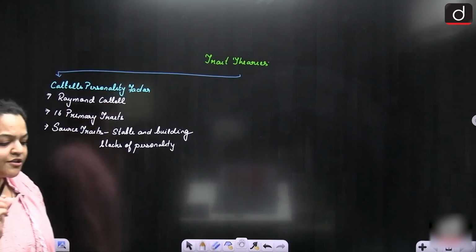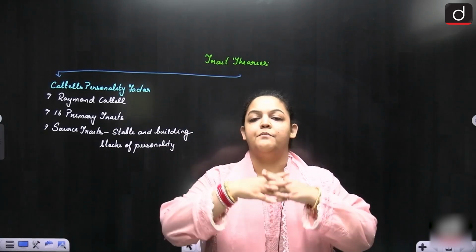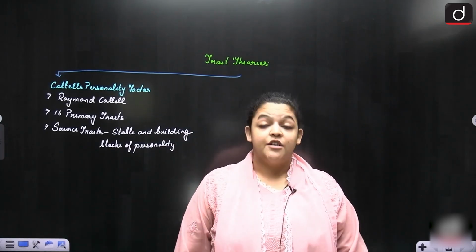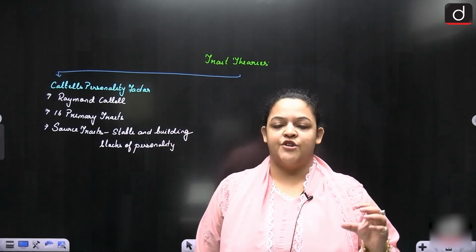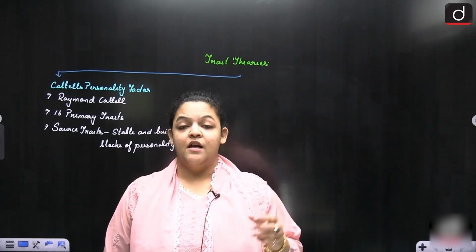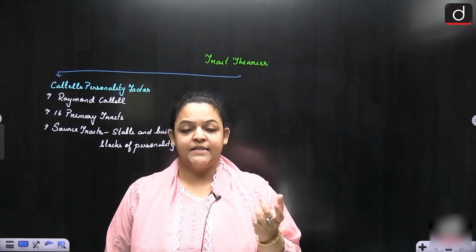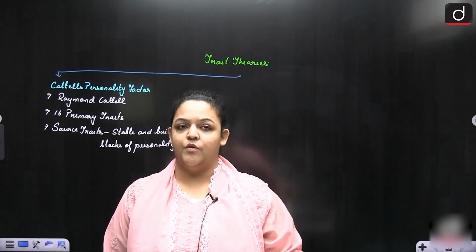See guys, there are certain traits in us, there are certain traits with which we are born, right? There are certain traits that we develop over time, and these are traits which are very important to us, right? These are stable traits which are not going to change over time, okay?